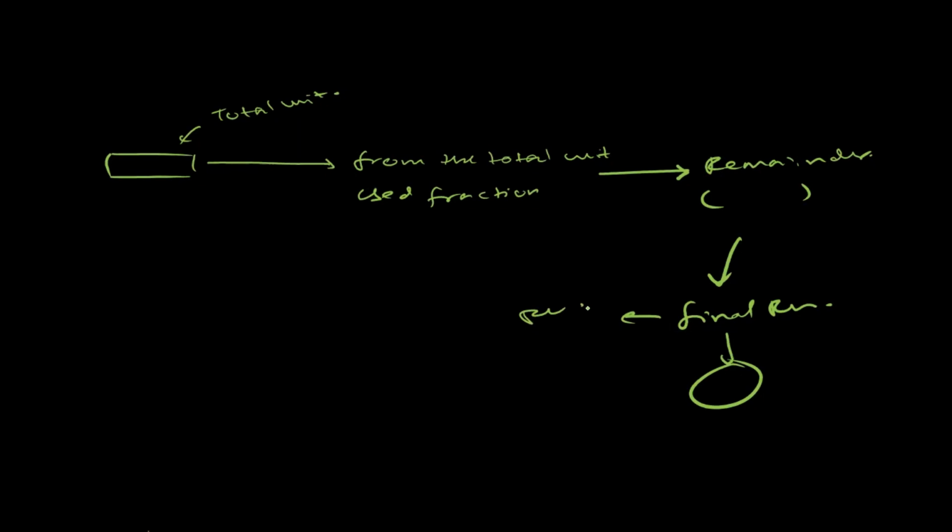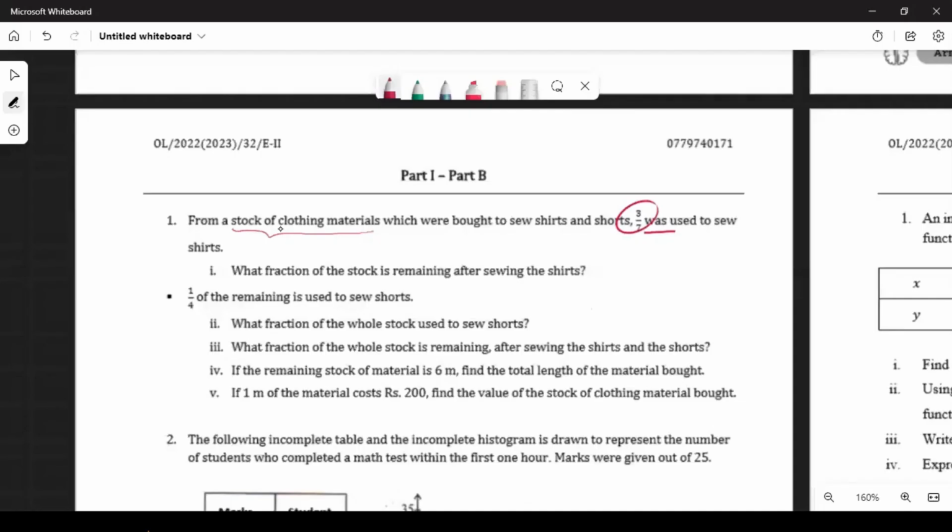Any fractions question can be easily simplified if you draw a proper diagram for yourself. While you're reading the question, try to summarize it. Here we have a stock of clothing materials. Just draw a rectangle.